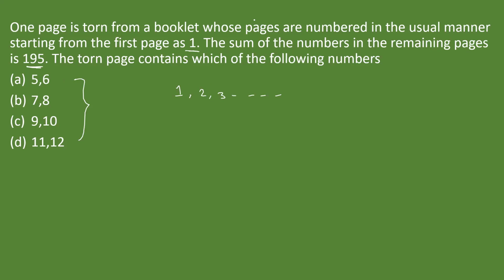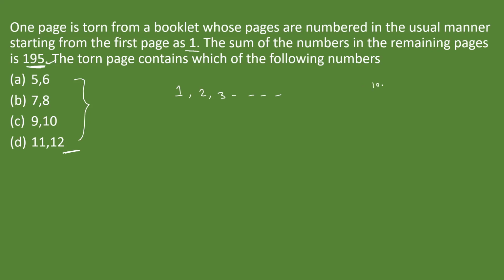Now, see here, students. The sum of the numbers on the remaining pages is 195, right? Now we will try to take some random value. I say random because the page numbers are very small here.